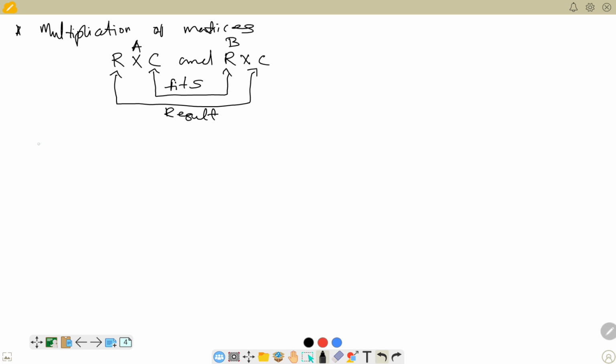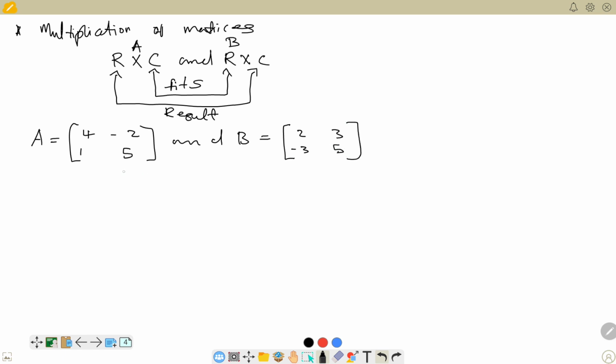So let's look at an example in order to understand what is happening. If we have matrix A equal to 4, minus 2, 1, 5, and matrix B equal to 2, 3, negative 3, 5.